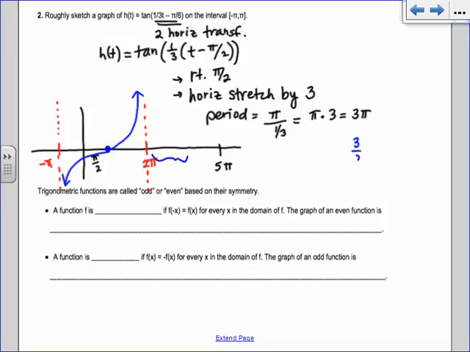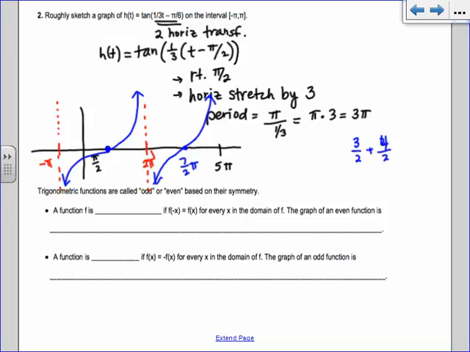So if I do 3 over 2 plus 2 pi, which is 4 over 2, I would get 7 over 2. So this point right here is going to be at 7 over 2 pi. Usually I'll say graph at least 2 full periods. And remember, I know in MyMathLab you have lots of multiple choice, but on your tests, you will actually have to know how to draw these. I know it's difficult, but just one step at a time, right?